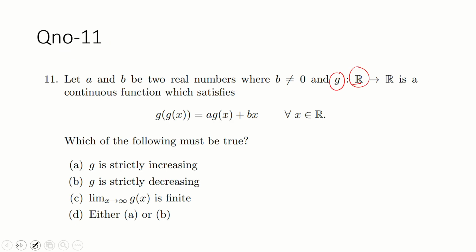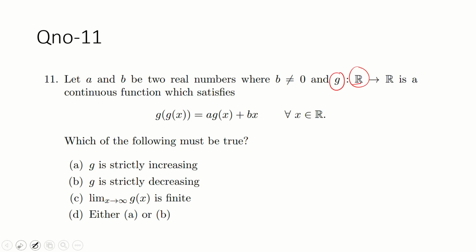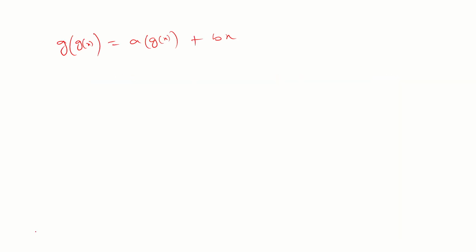What we have given is g of g(x) equals a times g(x) plus b times x. That is given in the question itself.